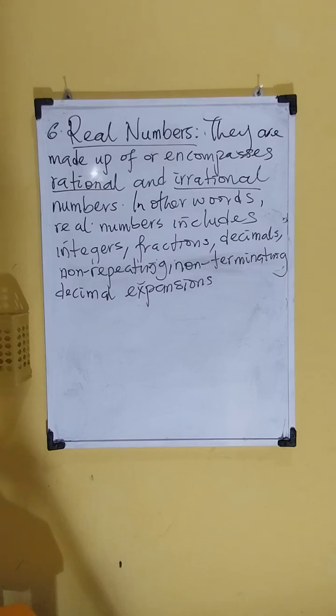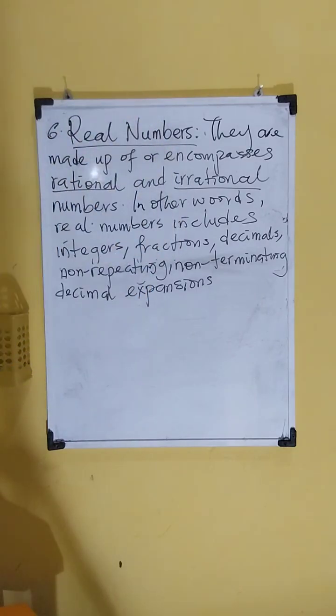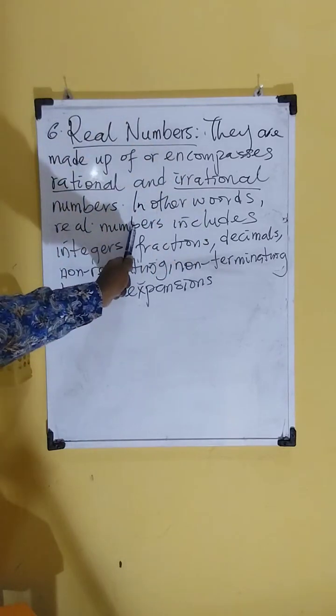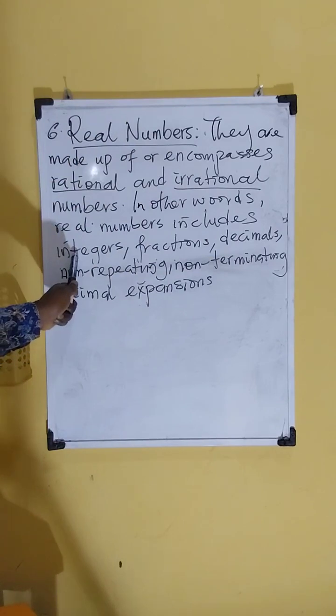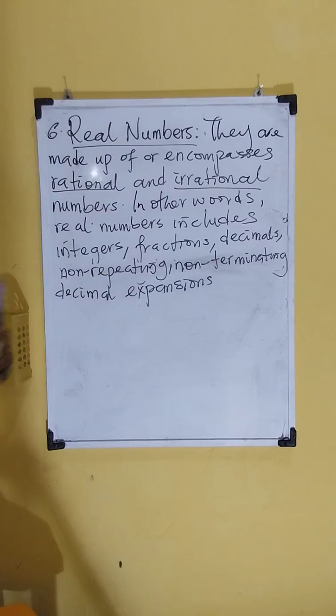I said that rational numbers are expressed as fractions and irrational numbers cannot be expressed as fractions. So in other words, real numbers now include integers, they include fractions, they include decimals, they include non-repeating, non-terminating decimal expansion.